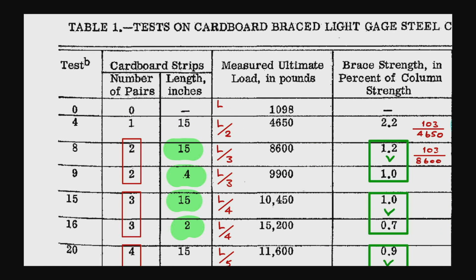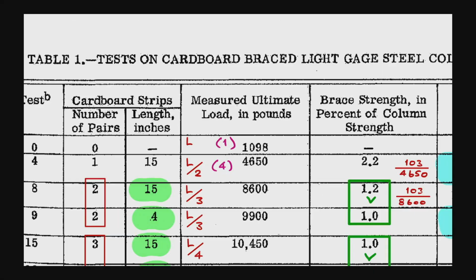When the unbraced length is reduced to half, what do you expect for the capacity? You expect pretty much 4 times the capacity of the previous case, if this is 1.